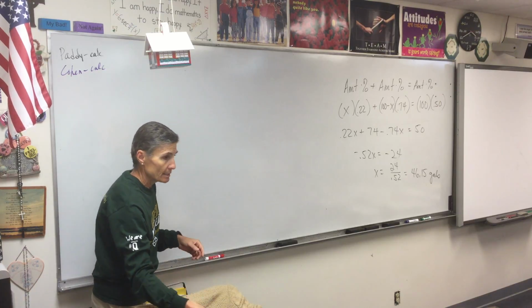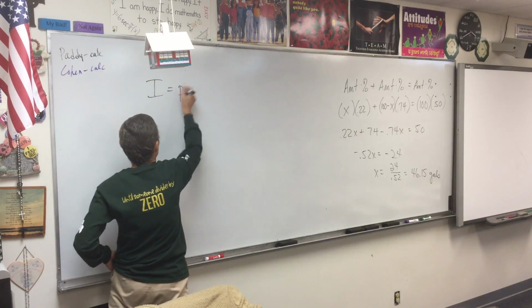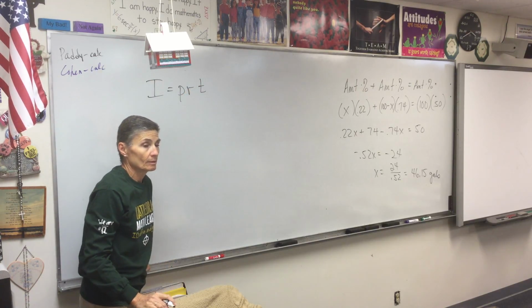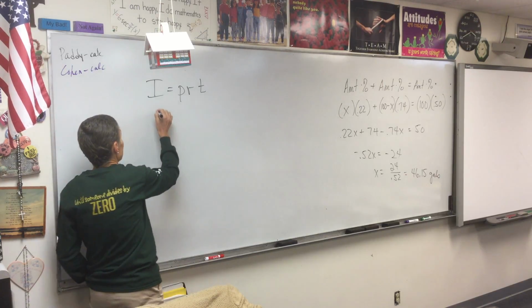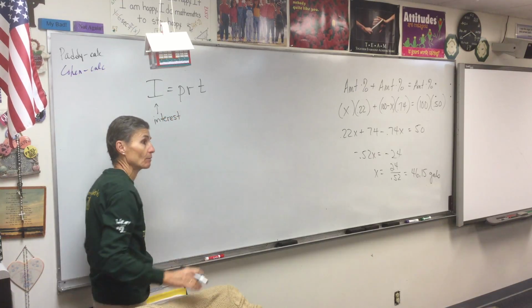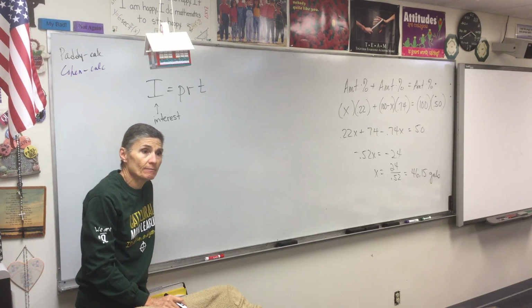Okay? Now, do you remember from Algebra 1 a little formula that looked like that? I equals PRT. Yeah. That's interest. And everybody in here has a bank account, I hope. And so you know what interest is, right?